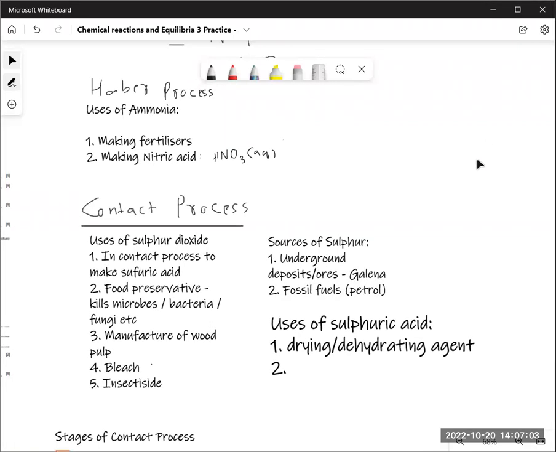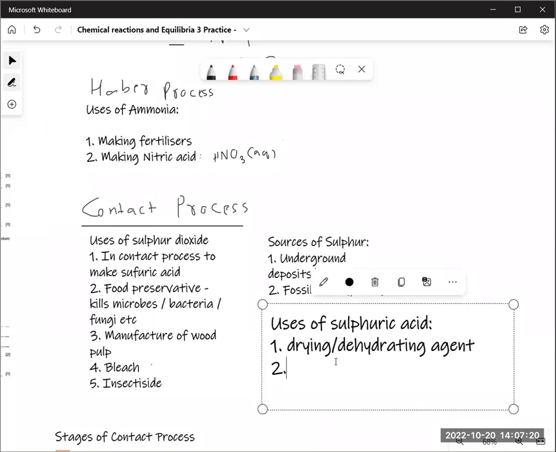Quickly finish writing. What are we writing? Haber process, uses of ammonia, uses of sulfur dioxide, sources of sulfur, and uses of sulfuric acid.